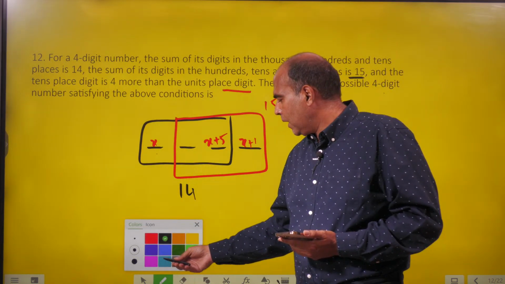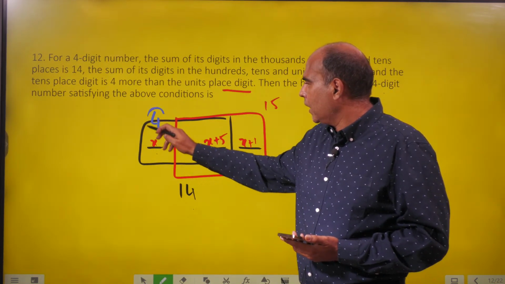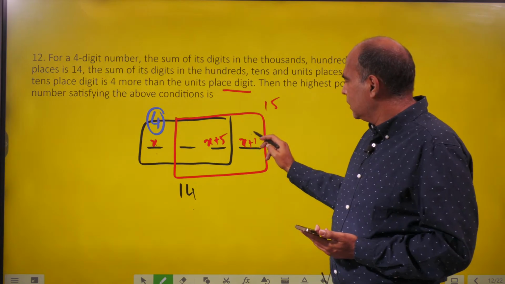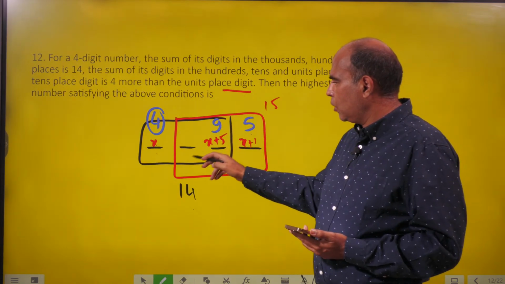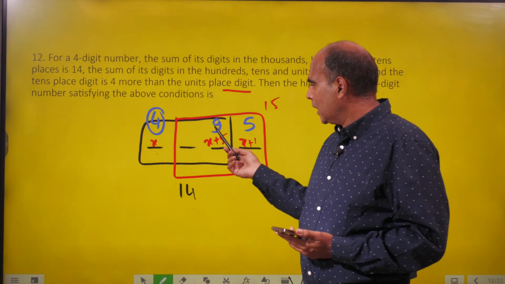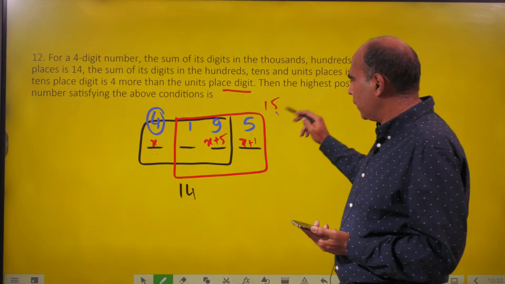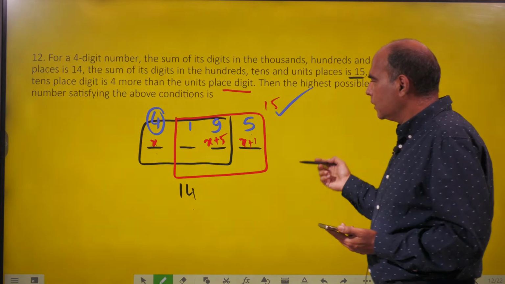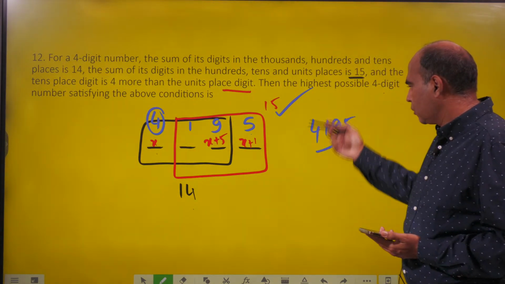I'll have to take a value of 4 here, because that's the largest value I can take here, in which case this becomes 5 and this becomes 9. And because the sum of these digits is 14, 4 plus 9, 13 gives me a 1 here. So that's 14, and this also satisfies the 15 condition. And this is the largest number I can make, 4195. That's the solution to this one.